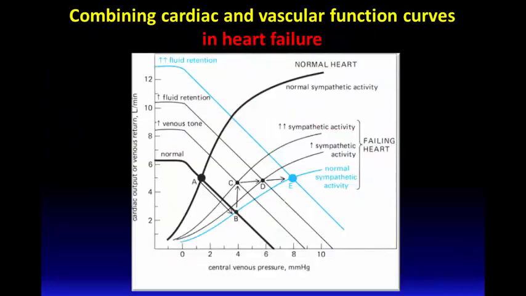Lastly, let's describe the combined cardiac and vascular function curves in cases of heart failure.